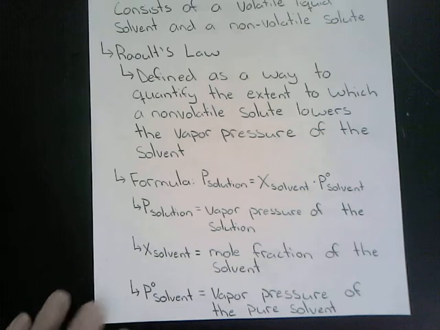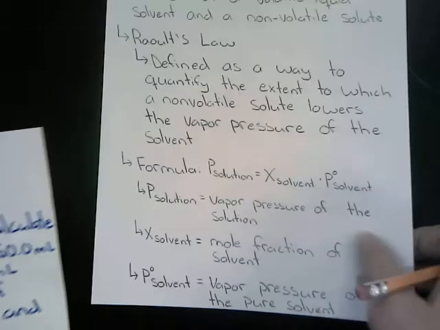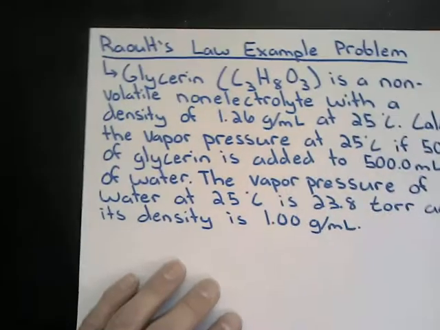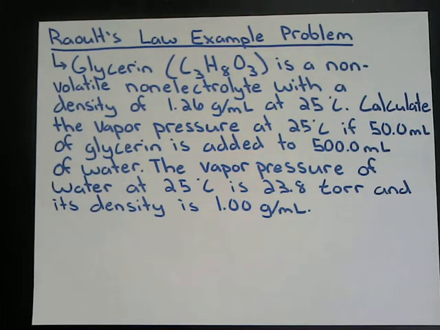Okay, so let's go ahead and try Raoult's law, the actual formula here, in a particular example. We move over here to our example, and we have glycerin, which I give the formula here. Glycerin is a volatile non-electrolyte with a density of 1.26 grams per milliliter at 25 degrees Celsius.